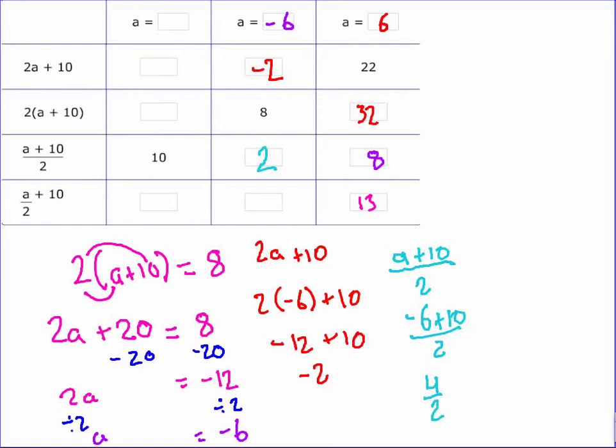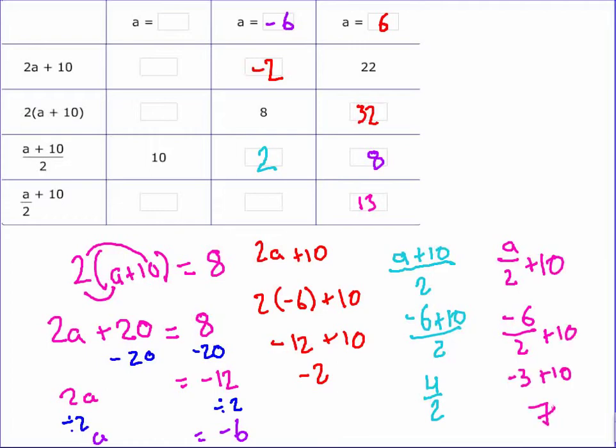Again, if you're having issues with these, just feel free to go back over them. Okay, for the third column, I've got A plus 10 all over 2 is equal to 10.